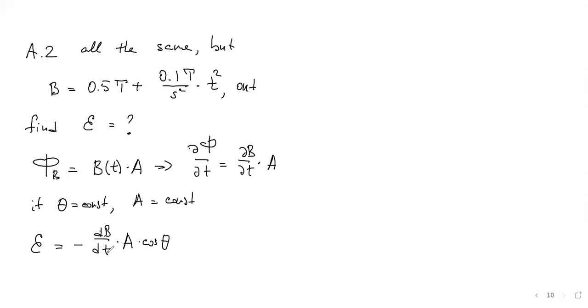And the direction would be defined in the same way. I have magnetic field out, increasing. It means that induced field should be into the page and EMF should be clockwise, no matter what.